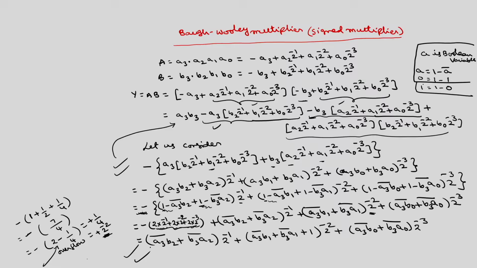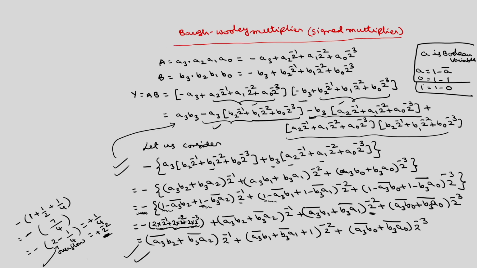So, what is that? A3 B2 bar plus B3 A2 bar into 2 raised to the power of minus 1 plus A3 B1 plus B3 A1 plus 1 whole bar into 2 raised to the power of minus 2 plus A3 B0 plus B3 A0.